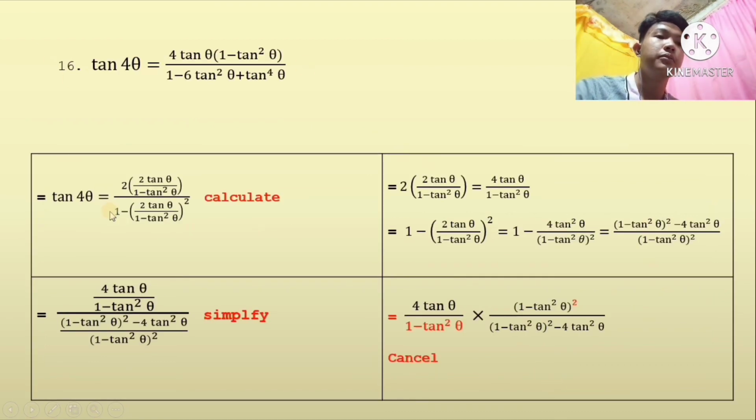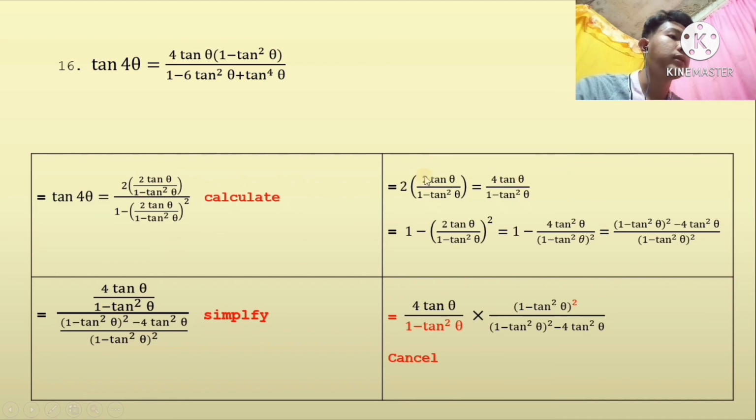Number 16. Prove tangent 4 theta is equal to 4 tan theta times 1 minus tangent squared theta over 1 minus 6 tangent squared theta plus tangent raised to 4 theta. So let's use the left hand side. So calculate tangent 4 theta is equal to 2 times 2 tangent theta over 1 minus tangent squared theta, over 1 minus the square of 2 tangent theta over 1 minus tangent squared theta.